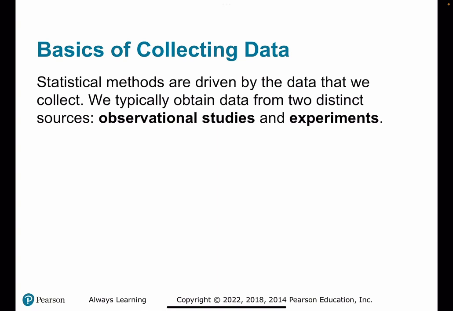And we're going to look at two different types of studies. We have observational studies and experiments. And my example about the medical study, studying blood pressure medication or whatever, that would be an example of an experiment.